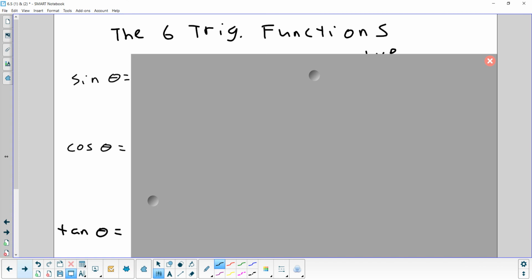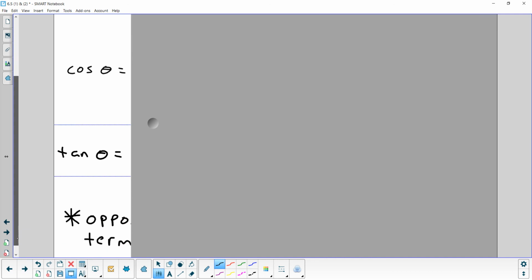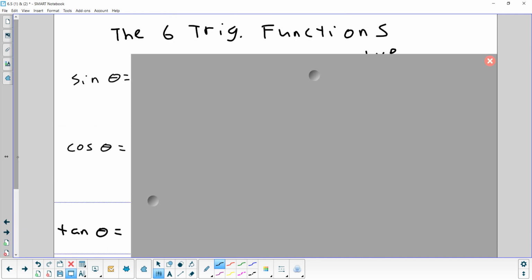Okay, last week we defined them as y, x, y over x. And that's when we were doing unit circle trig. What we're going to define them as now is sides in a triangle, okay, knowing different sides.